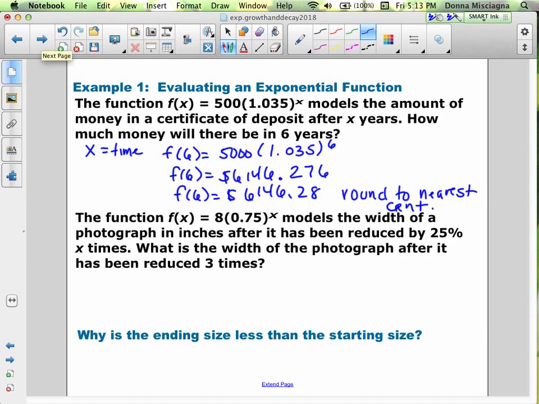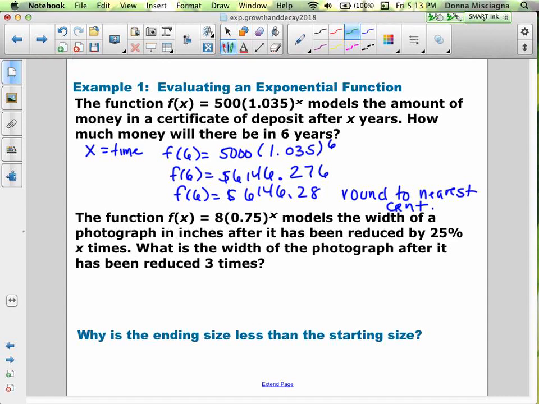The function f of x is equal to 8 times 0.75 to the x models the width of a photograph in inches after it has been reduced by 25% x times.